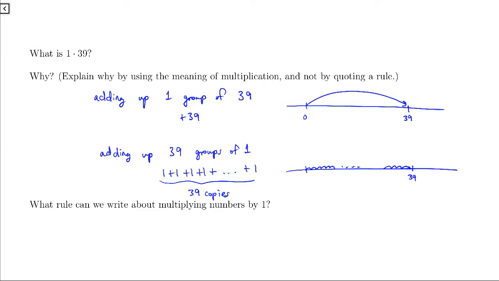So if this is 1, then I have 39 groups of 1. The way people often say the rule about multiplying numbers by 1 is that multiplying by 1 doesn't change the number, or 1 times any number is that number itself.